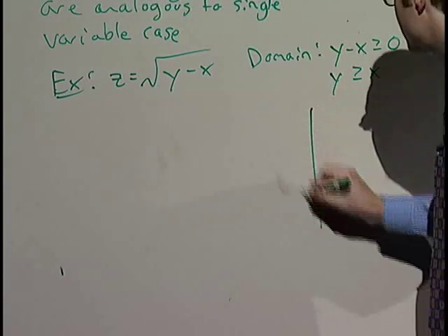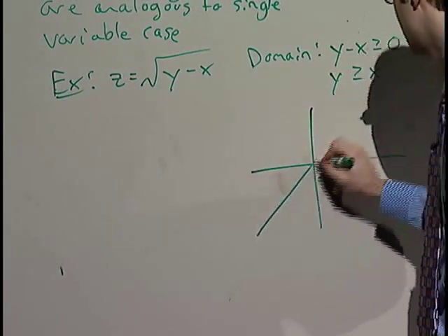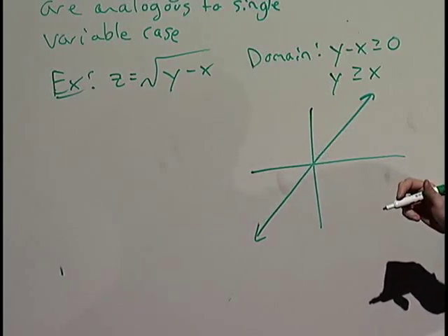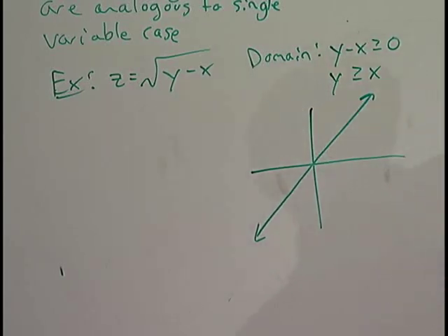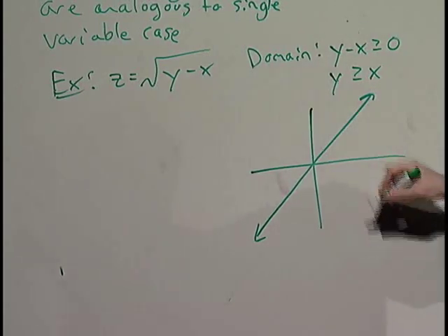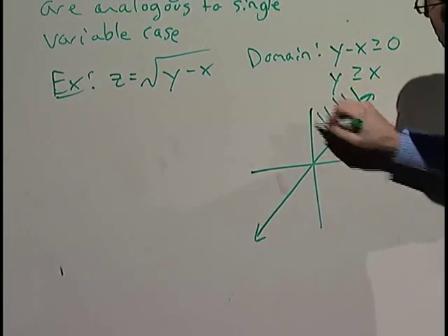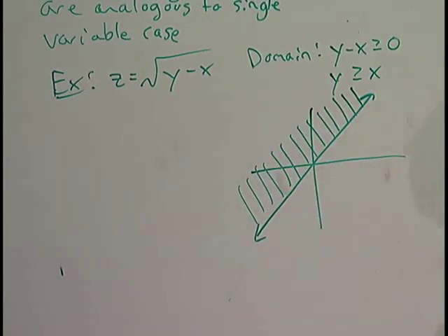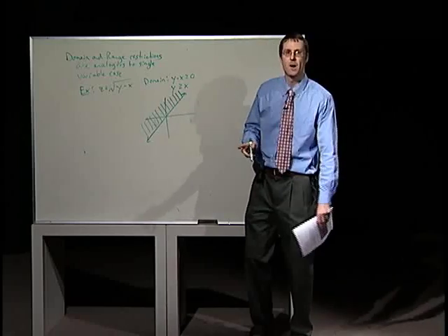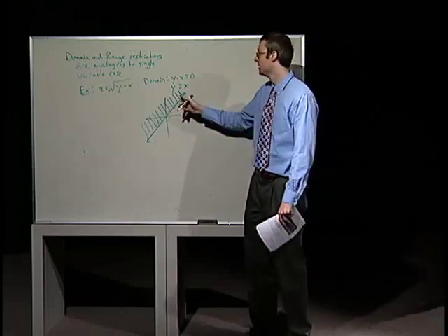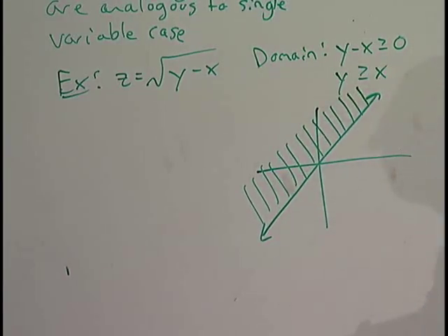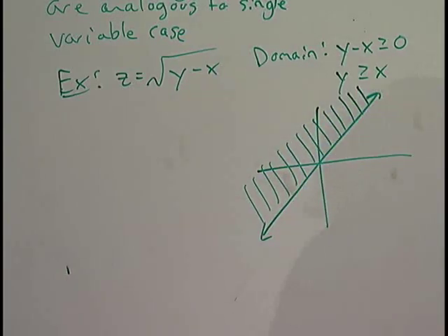If you take a look at the xy plane, there's the line y equals x. On which side of it should I be shading here? Where is y bigger than x? Well, y is bigger than x over on this side. So all those points over there would satisfy this inequality, and they would be in the domain set. They would be valid points we could plug in and have things be okay.